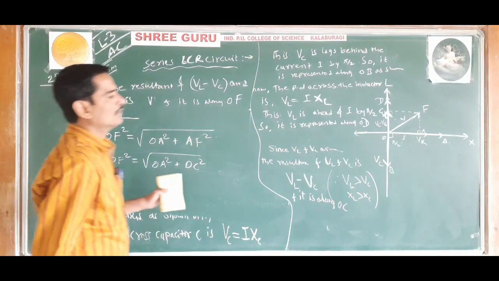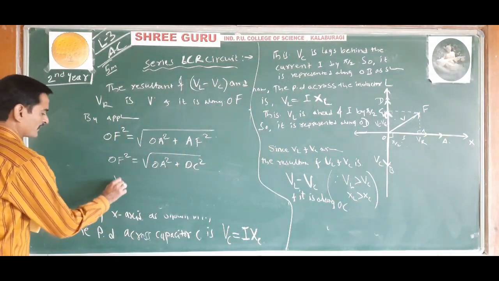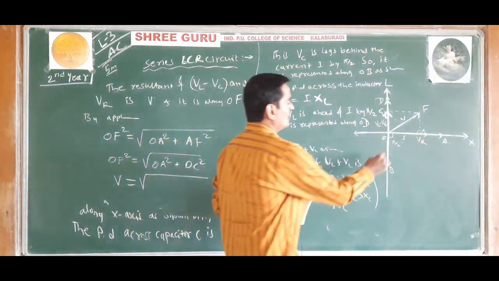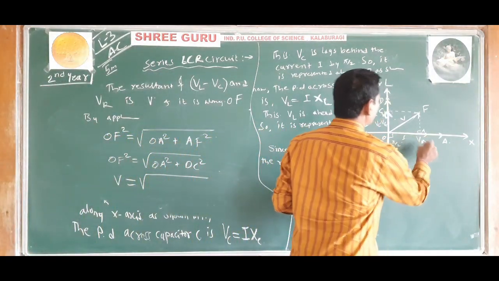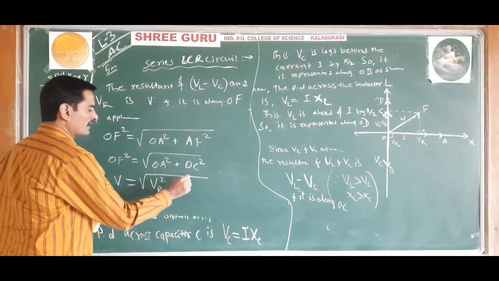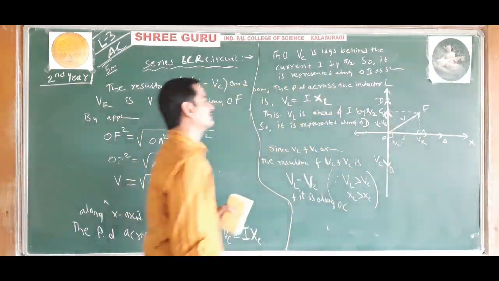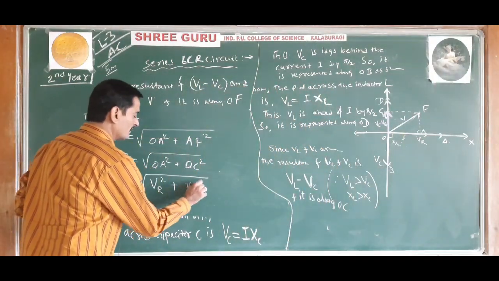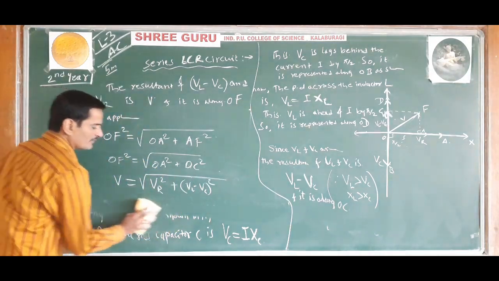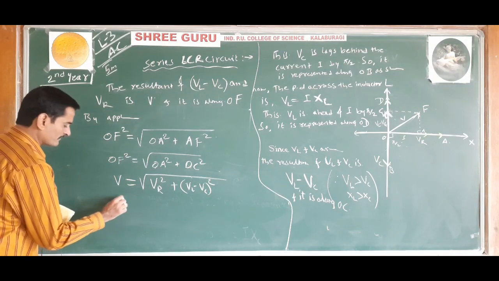OF represents V, the effective potential difference, that is V, equals under root of OA, which represents VR, that is VR square, plus OC, which represents VL minus VC, so VL minus VC whole square. Understood? Now substitute the values of VR, VL and VC.